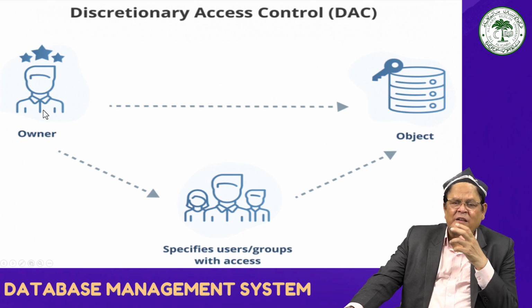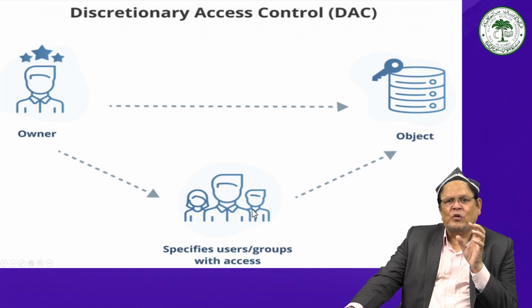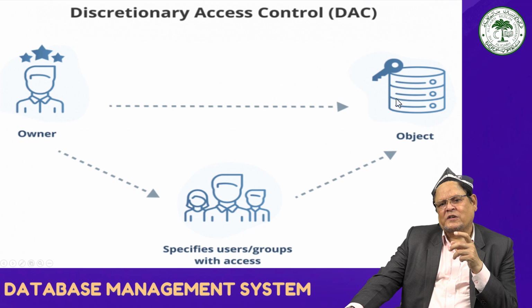The owner has access to the object, but for the users, the owner can give permission; this is called discretionary access control. I hope you are able to understand. Discretionary means the owner is able to use the object, but if a user wants to use the object, he has to get permission from the owner. Depending on the permission given by the owner, he can apply operations on the object.